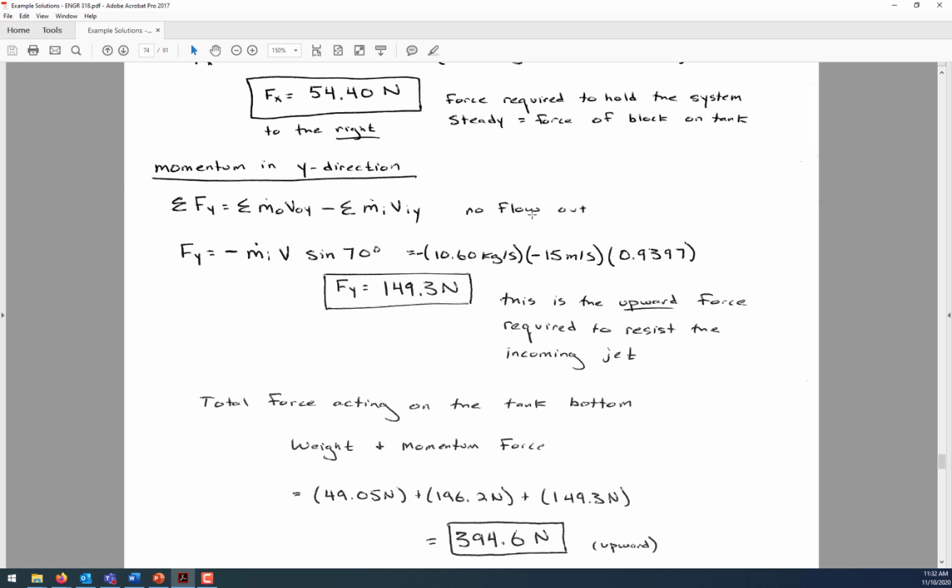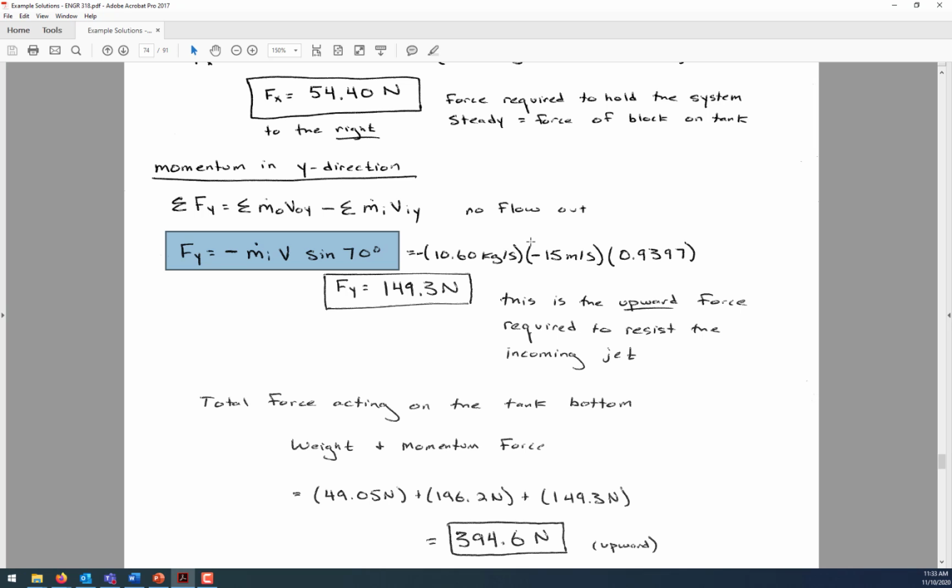Let's take a look. First of all, the jet impact force we can calculate with the momentum equation. As we already talked about, there's no flow out, so the equation just simplifies to the minus, because we always subtract the inflow term, mass flow rate in, and then the velocity component in the vertical direction.